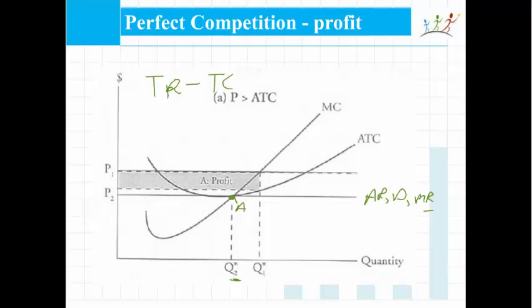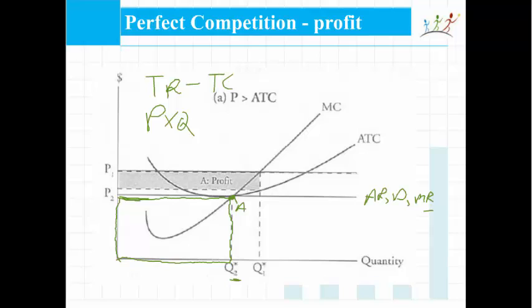So what is the total revenue? Total revenue is the price multiplied by the quantity sold. So the price in this case is P2 multiplied by the quantity sold, which would be the area of this rectangle.